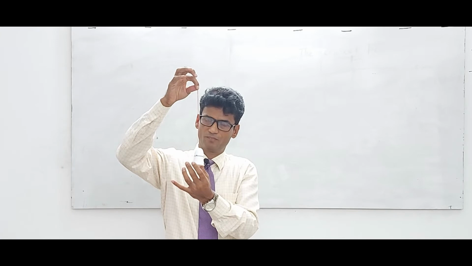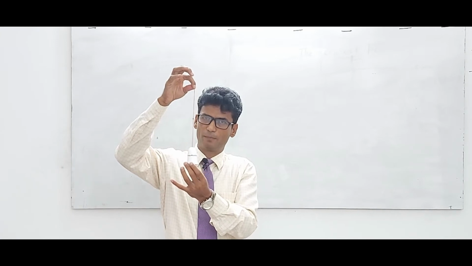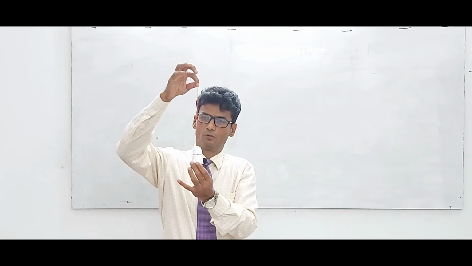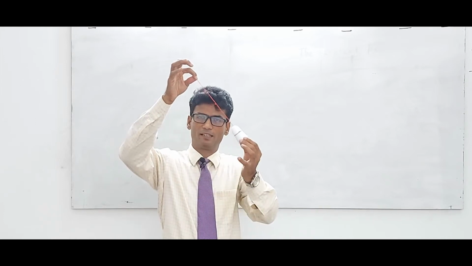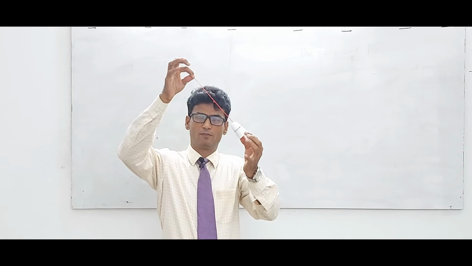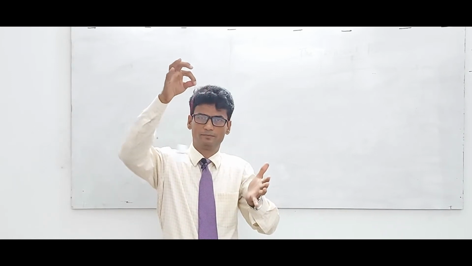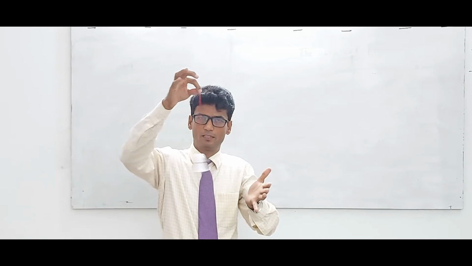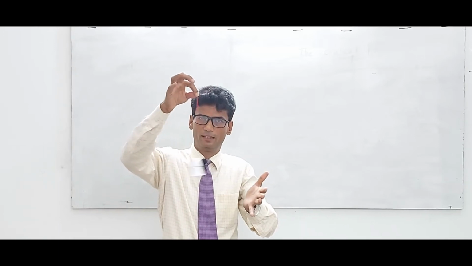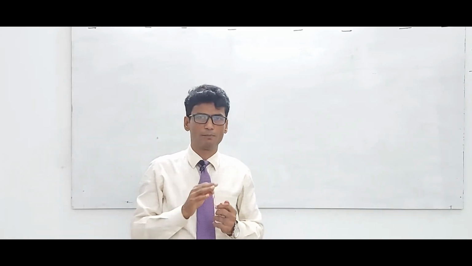Look at how it behaves as a simple pendulum. So let us assign it some angle here, and from this position let it go. Look at here. If it oscillates in this way, then this is known as a simple pendulum.